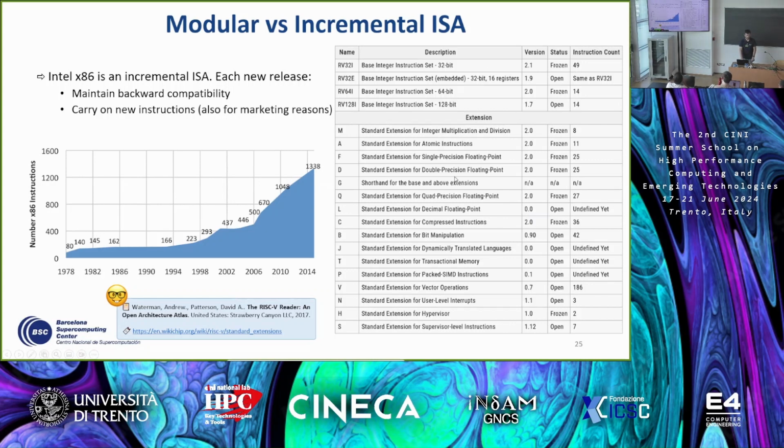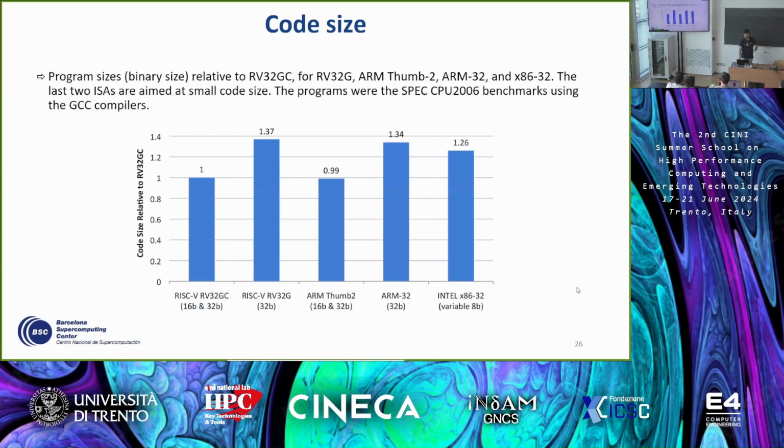And then you have the extensions. Each one has a letter, and the one that is going to be interesting today is the V extension, the 186 instructions added. That's basically what we are adding on top of the basic instructions when we do a vector CPU. This is what we are going to see later. But the basic idea here is that we don't need to be incremental, we can be modular. That's the message. Code size, well, this is something that I prefer to skip, because we are late.